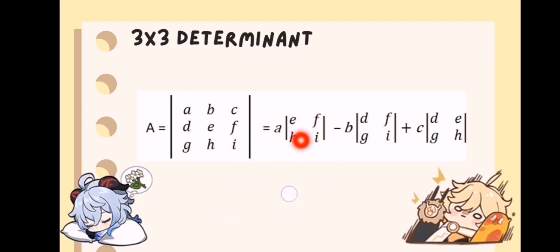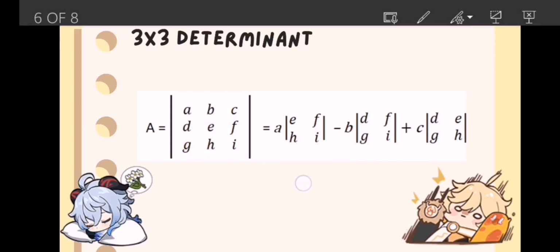You get this formula. You just ignore B, C, D, G, and you get 2 by 2. Simply like that. However, for the B one, negative B, you can also get it from here. It's a little bit big.